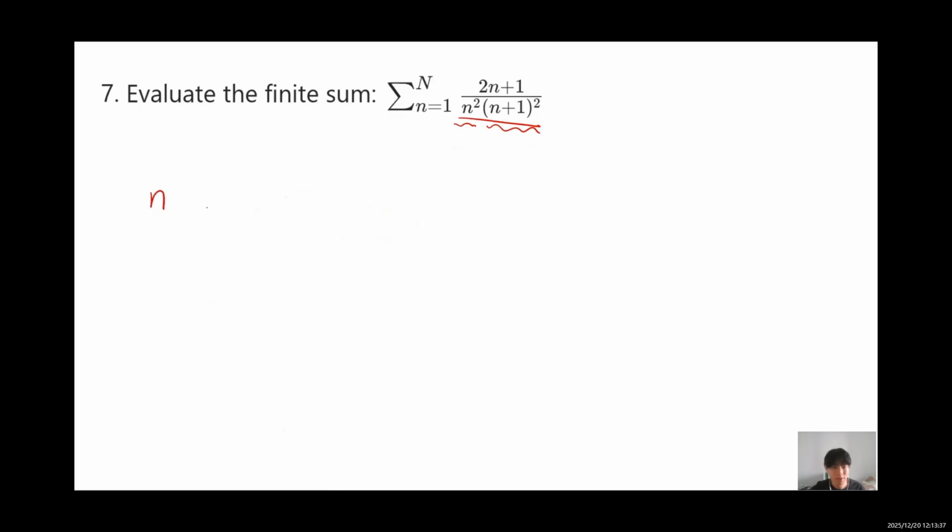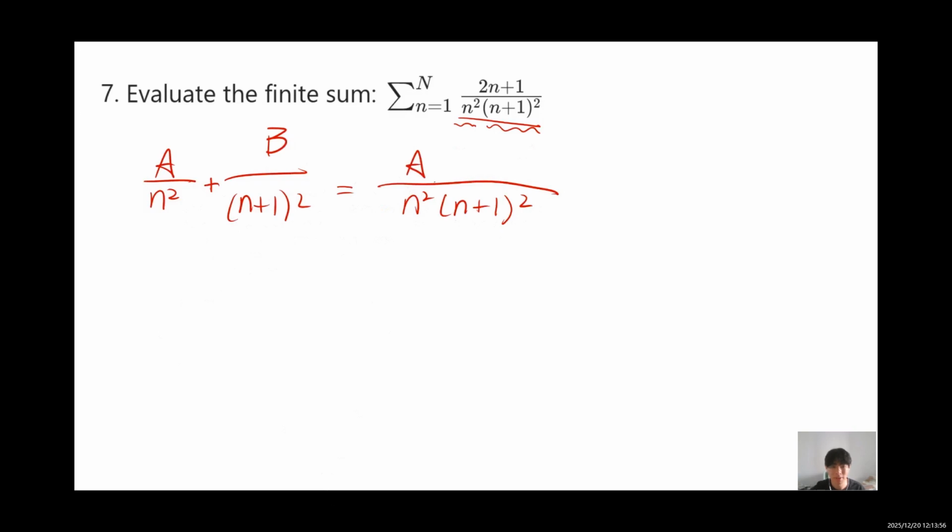Just divide it into two parts and get it back to the original form to find what A and B are.